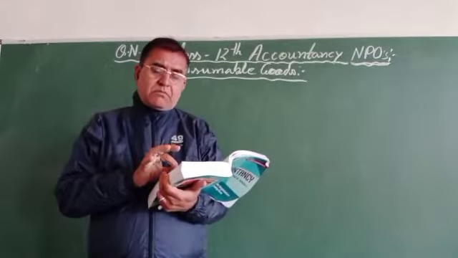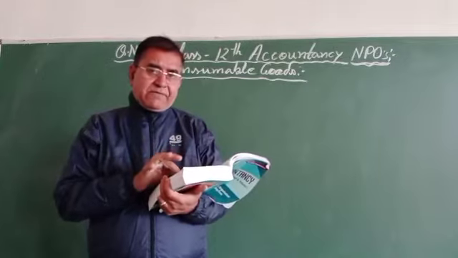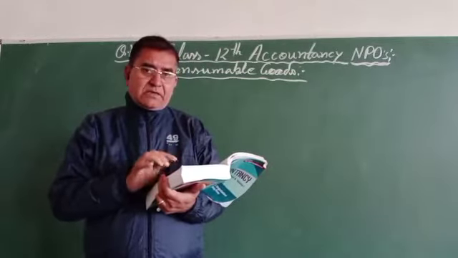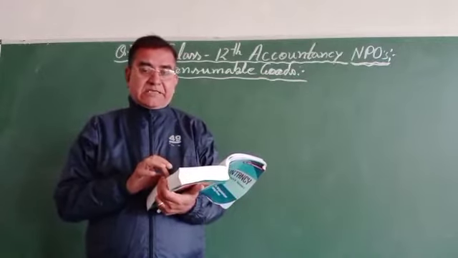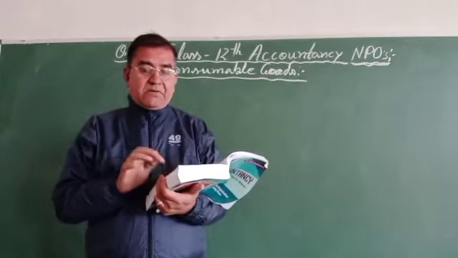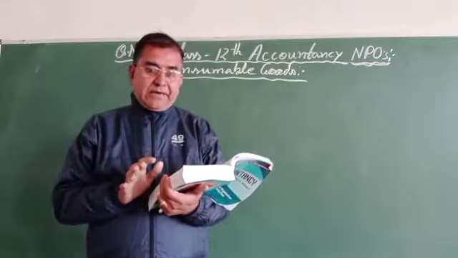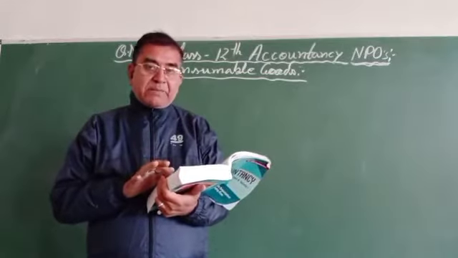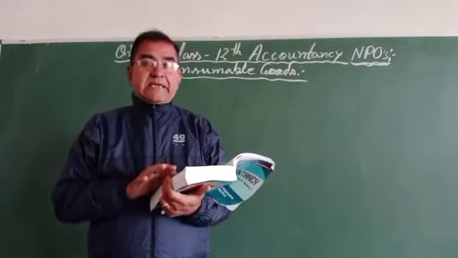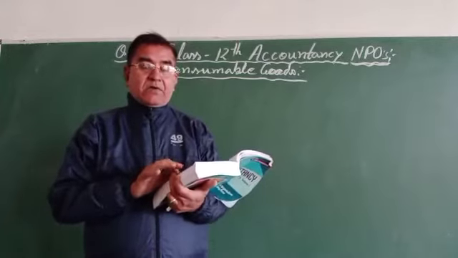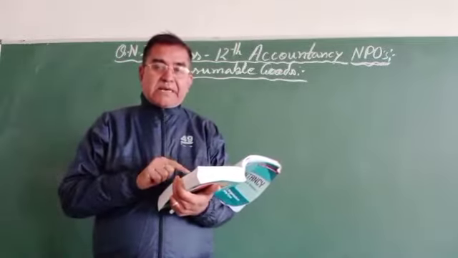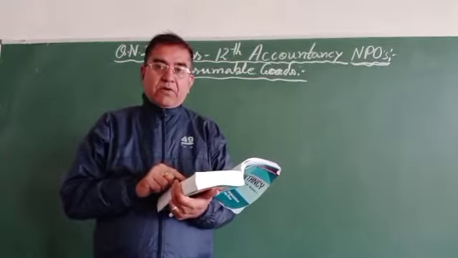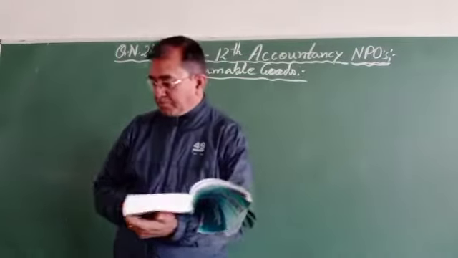In the information given in the question, we have to calculate the purchase during the year. That is not given, only the payment made. First we have to prepare the creditors account, through which we can calculate the credit purchase of the particular year.